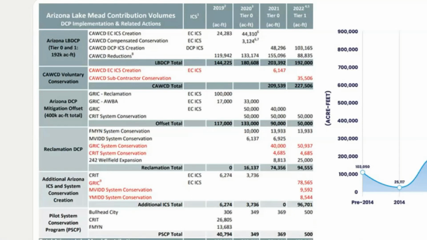And this is all a part of, like I say, our support for the DCP, the Drought Contingency Plan, and then our annual conservation efforts from, I think it's from '07, is it? From '08 to the present. Now, as I say, this is a new tool.